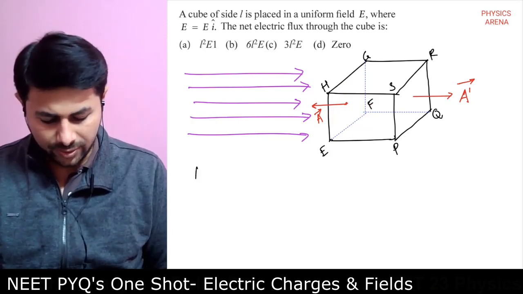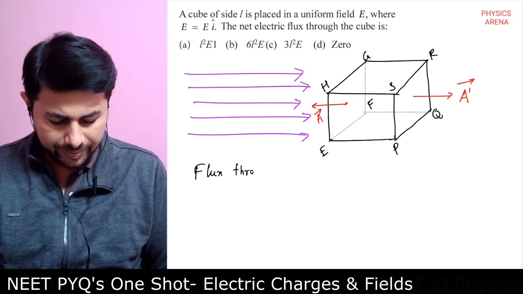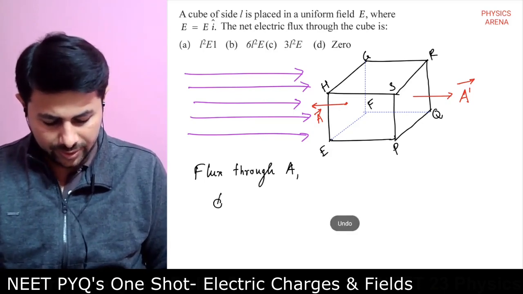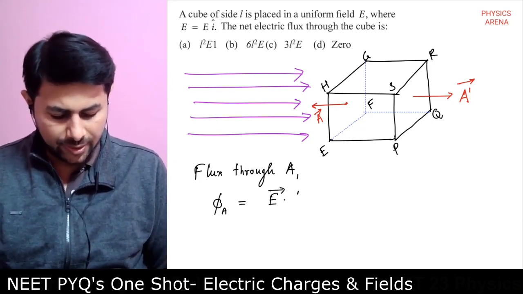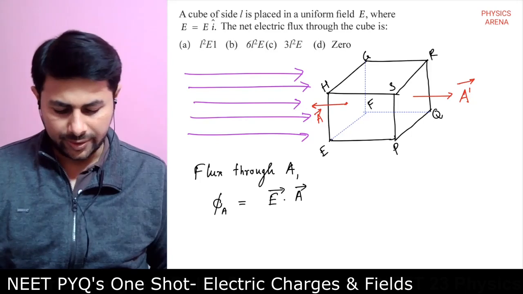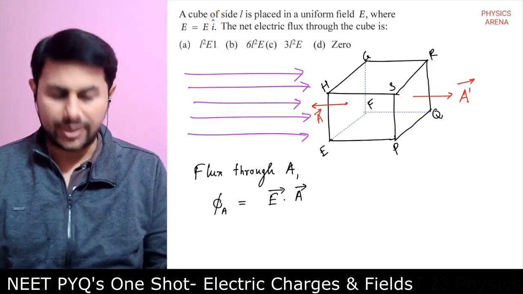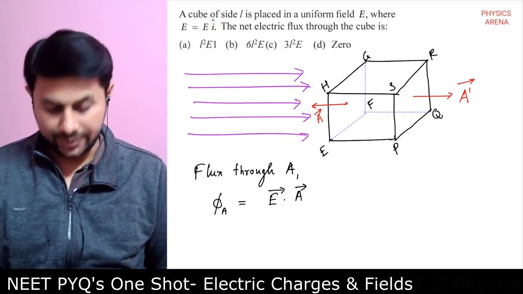So I can say the flux through A, let's call it phi A, is equal to E bar dot A bar. This is E into I cap. The field is along the positive x-axis, and A bar is directed along the negative x-axis.